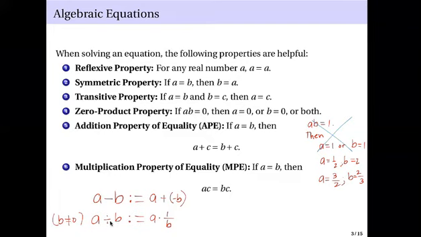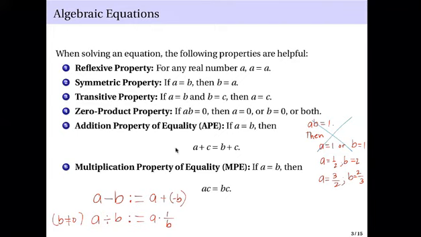So the division can be defined as follows: A times the reciprocal of B if you have A divided by B. Meaning, subtraction and division can be defined using these two operations, the addition and the multiplication.